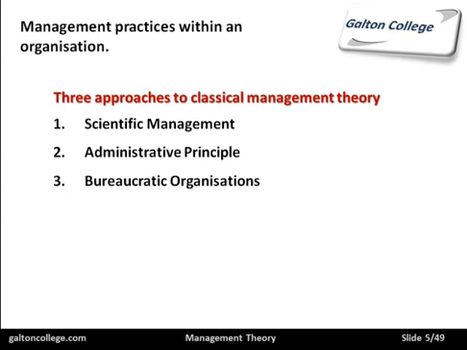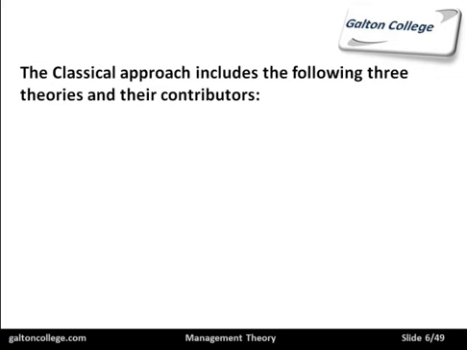They are separate, but there are three early parts to management theory, really. And we'll just skip over these in the coming few slides to give you some appreciation of what they're about. So it has the following three theories, and we will look at those in turn.